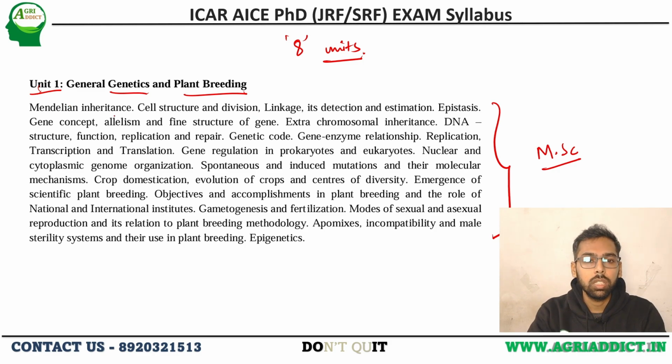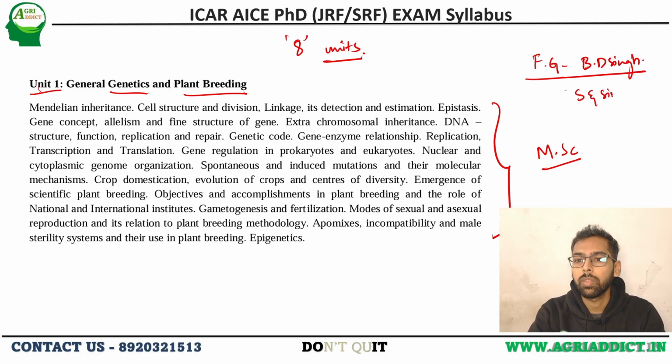In order to cover unit 1, you need to refer to the Fundamentals of Genetics book by B.D. Singh, and there is another book, Genetics, by the foreign authors Snustad and Simmons. Kindly refer to these two books, which help you cover the entire concept of genetics.